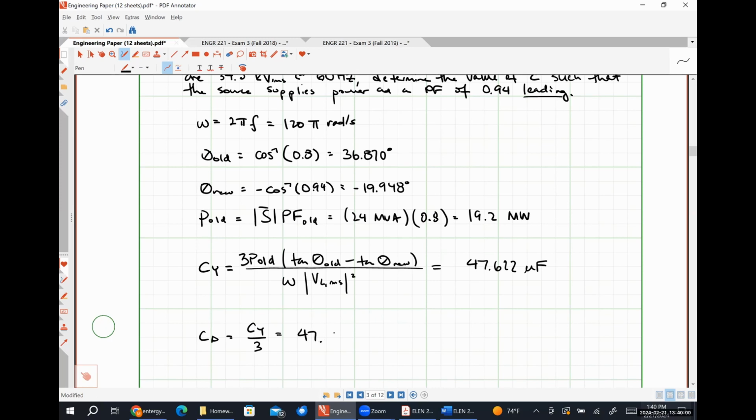So 47.622 microfarad, multiply that guy by 3, 142.866. Thank you for that, Landon. You're correct. Ian. Correct. That's for one of the capacitors in the capacitor bank.